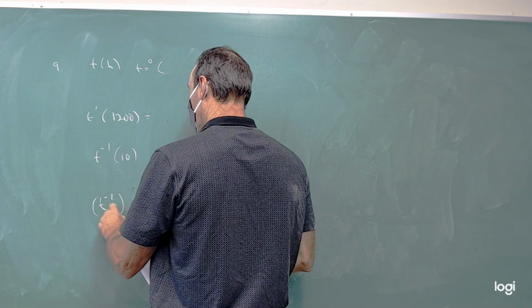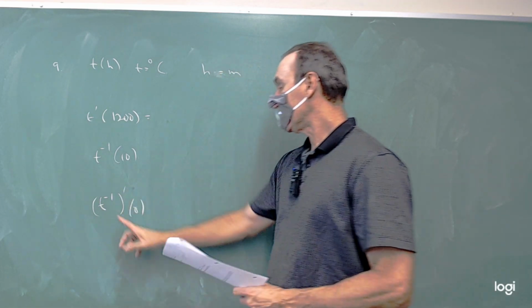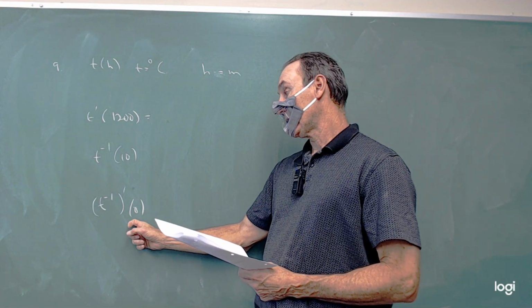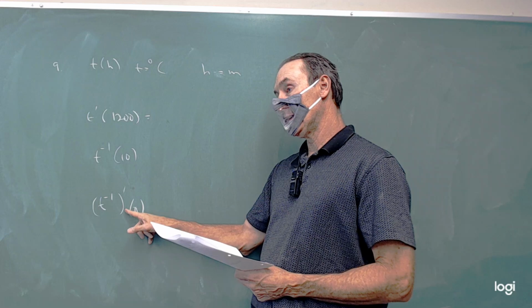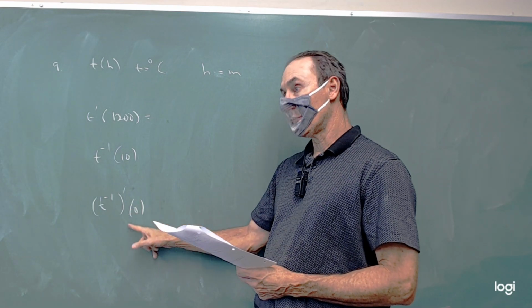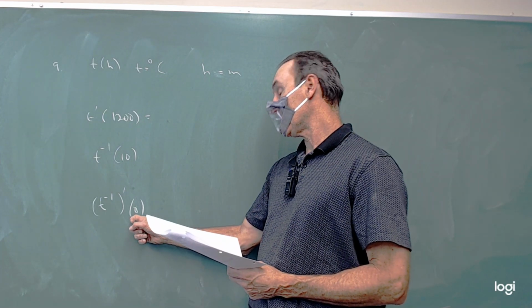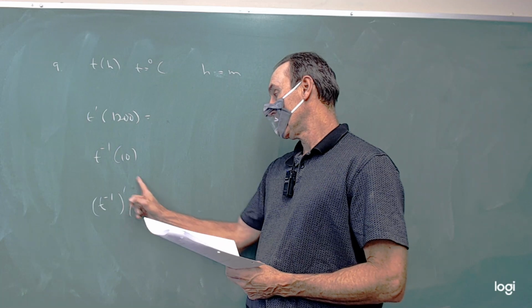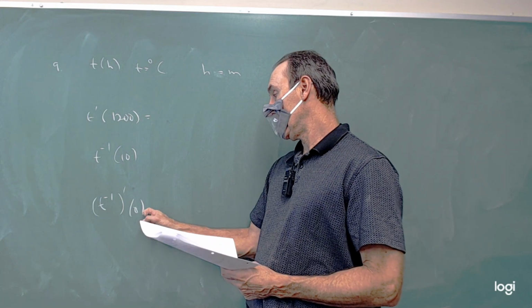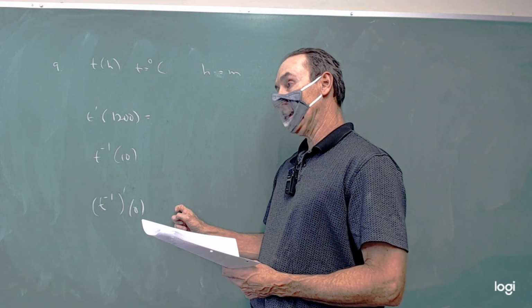Okay, now the warm-up. With the T inverse again, we're inputting a temperature, and so we're going to get a rate of change in meters per degree. So when the temperature is 0 degrees, this represents the rate of change in meters per degree.